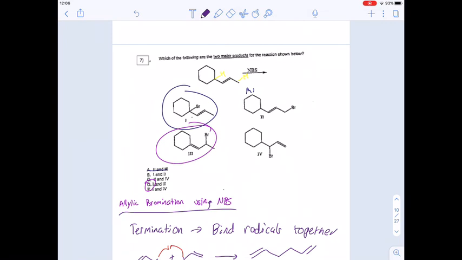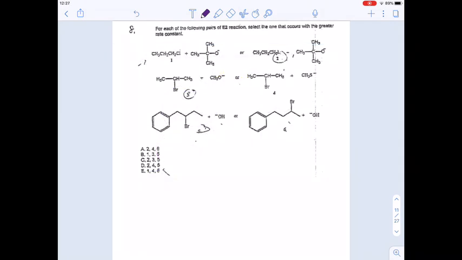Okay, so that is it for the mechanism for NBS. Number 8 asks, for each of the following pairs of E2 reactions, select the one that occurs with the greater rate constant.